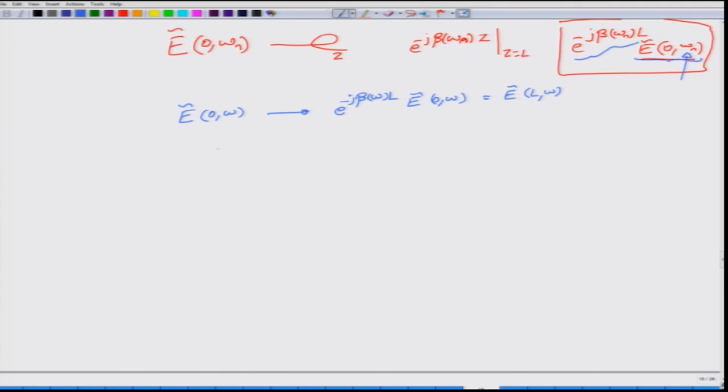Now, one can also define the transfer function of this channel of length L by looking at the ratio of the frequency transform of the output to the frequency transform of the input.